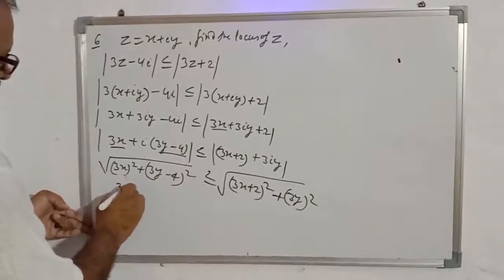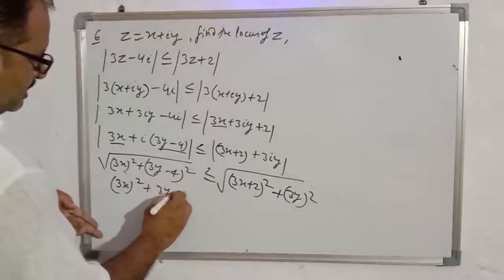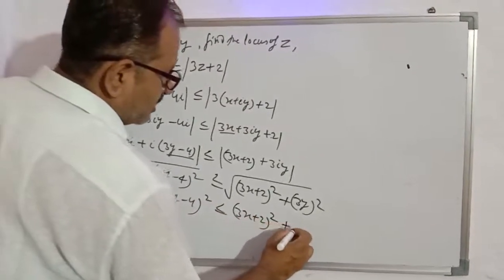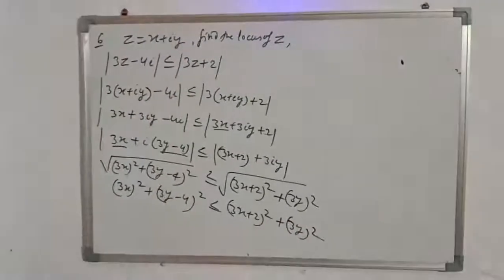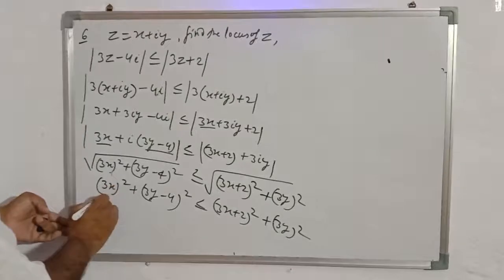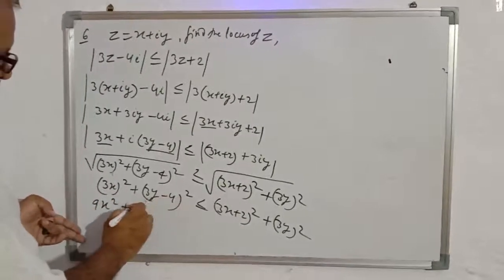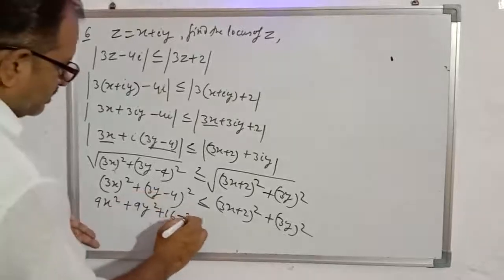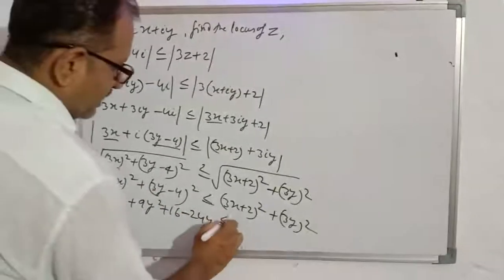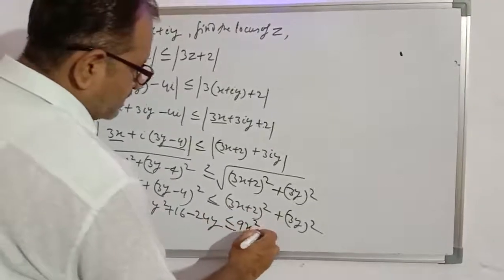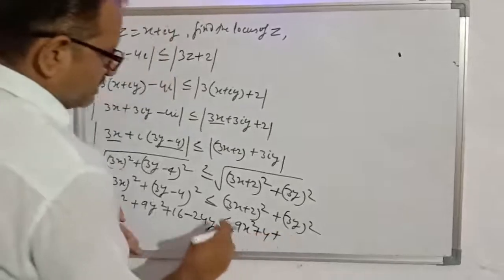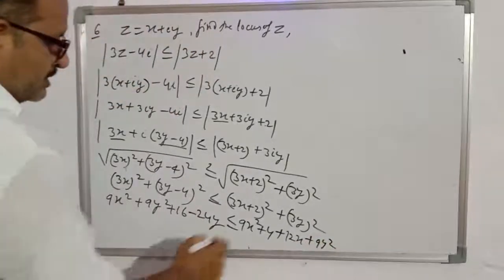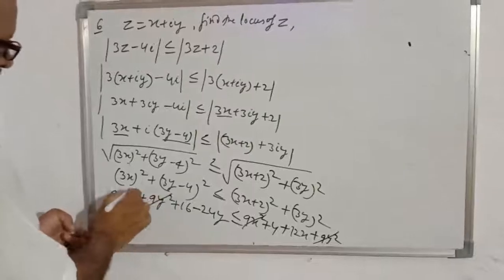Squaring on both sides: (3x)² + (3y − 4)² ≤ (3x + 2)² + (3y)². Here (3x)² is 9x², and (a − b)² gives 9y² + 16 − 2·3·4y, that is 24y, less than or equal to (a + b)²: 9x² + 4 + 2·3·2x, that is 12x, plus 9y². 9x² and 9y² we can cancel from both sides.